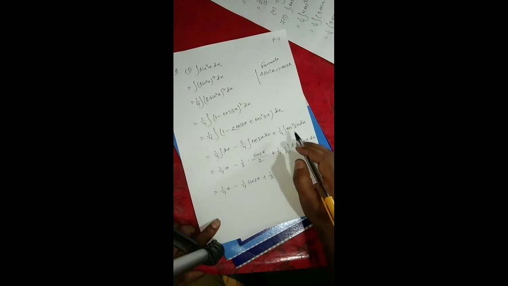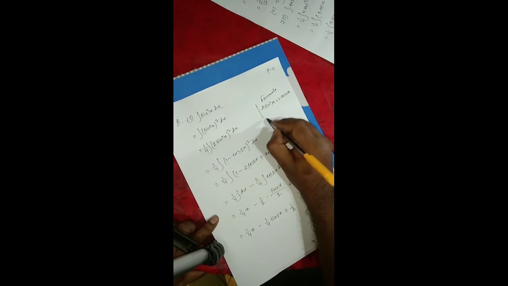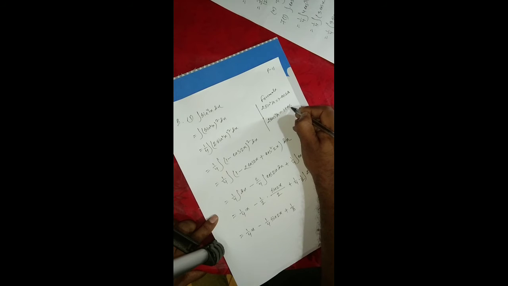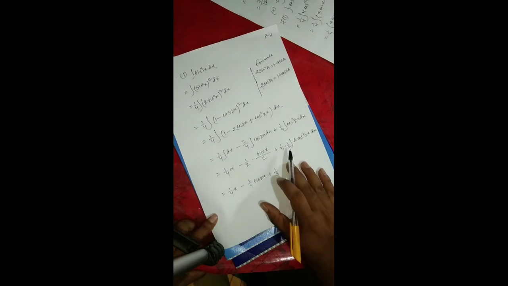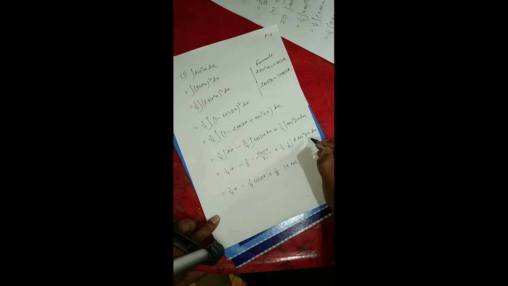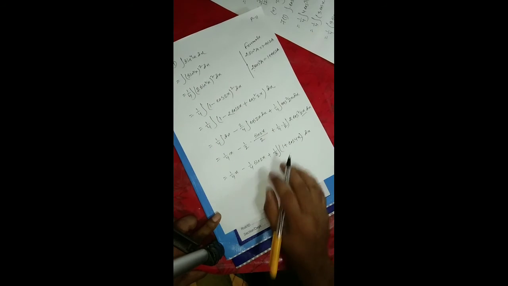Now this is the formula, same types. 2 cos square a equals 1 plus cos of 2a. Here 2 cos square 2a, that means 1 plus cos 2a. A, that means 2x, 2 times 2 is 4x. First bracket d of x integration.